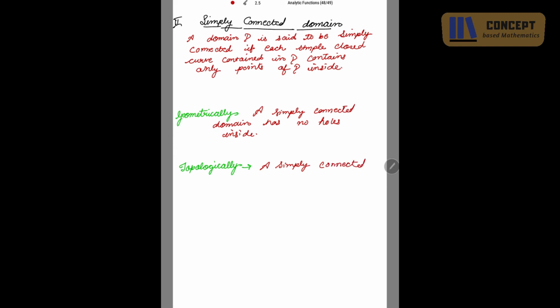A simply connected domain D can be continuously shrunk to a point. Suppose like this. This is your simply connected domain.